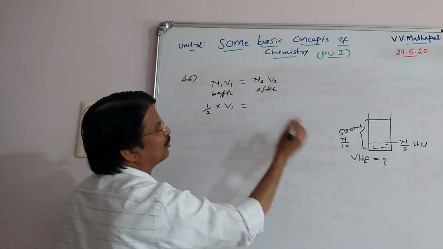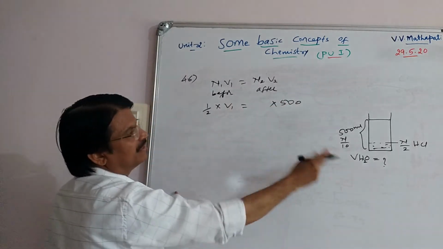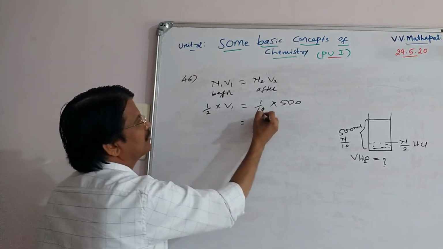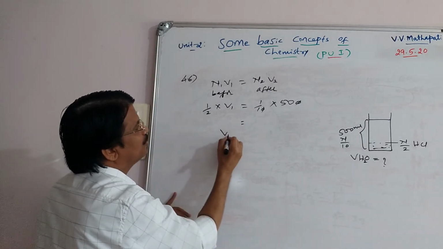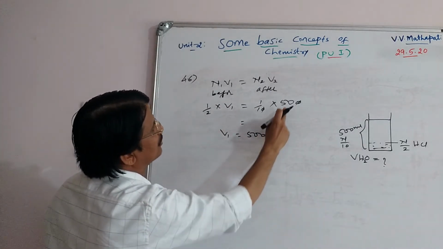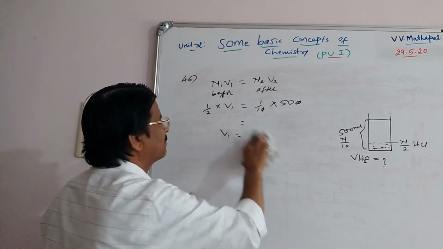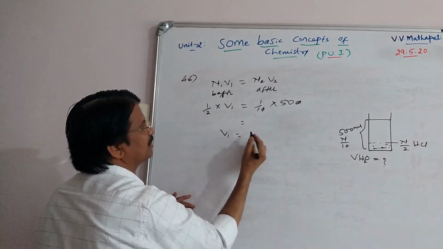After dilution, volume 500 and normality 1 by 10. Then V1 equal to 500 into 2 divided by 10.